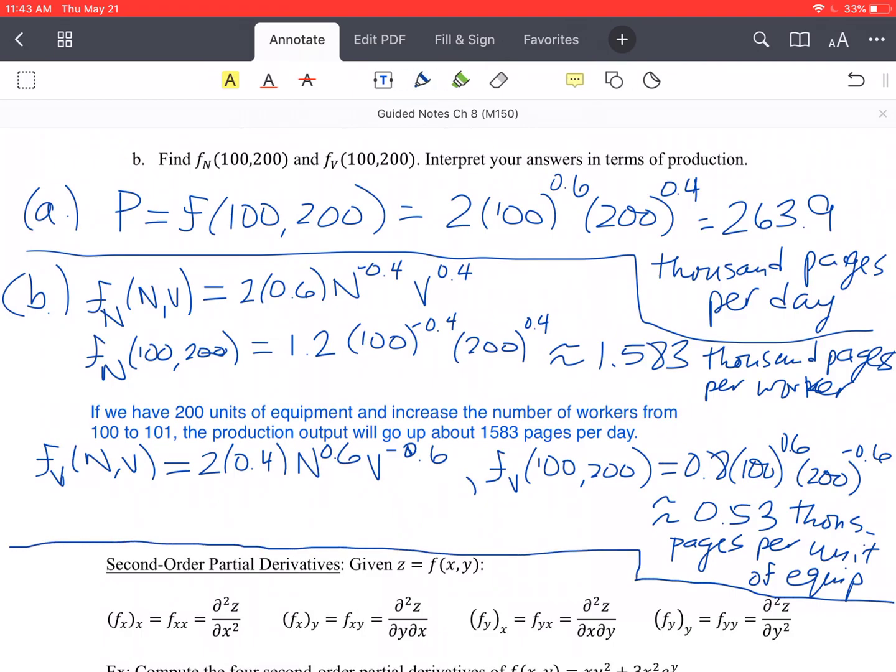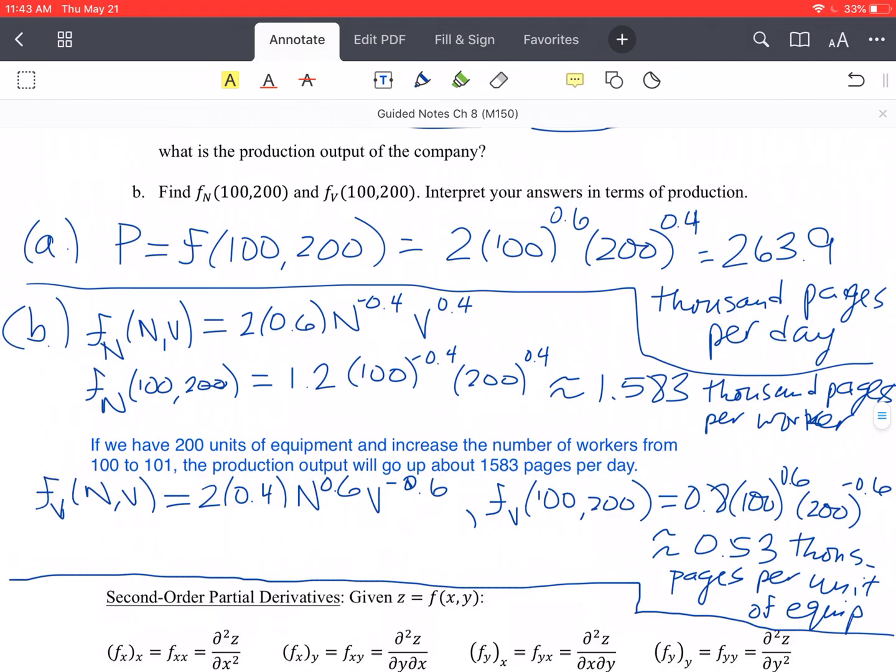Okay, so we get about 0.53 thousand pages per unit of equipment that we add.